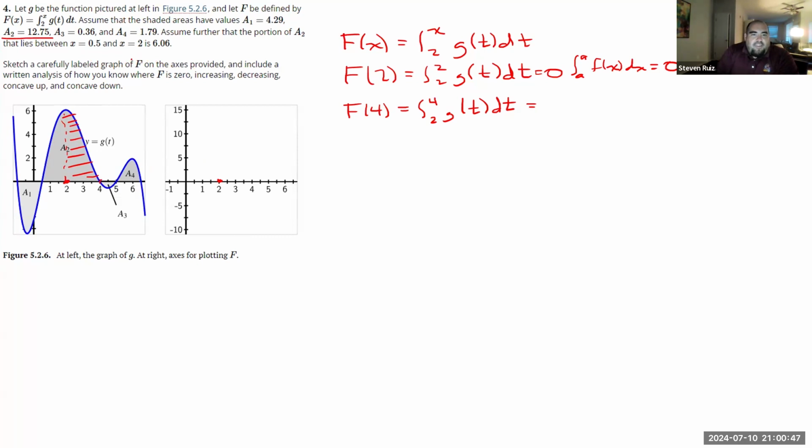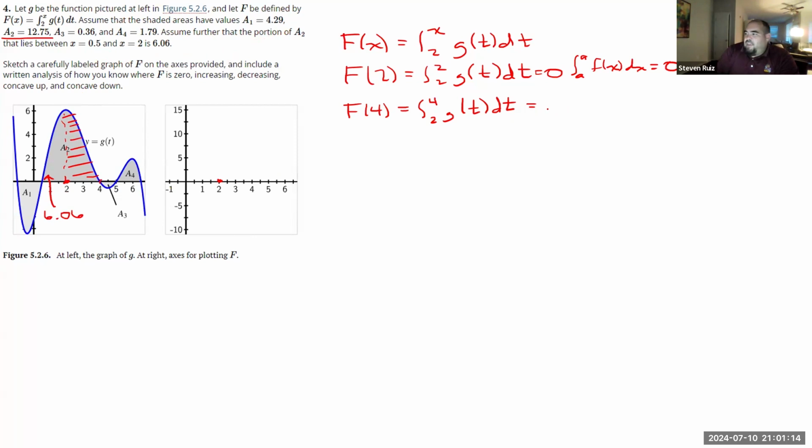Because of that, this value should be something less than 12.75, but can we do better than that? Assume further that the portion of A2 that lies between x equals 0.5 and x equals 2 is 6.06. So this left portion of area 2 is 6.06.